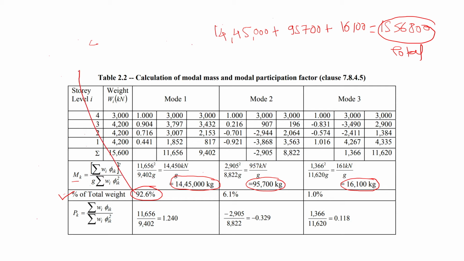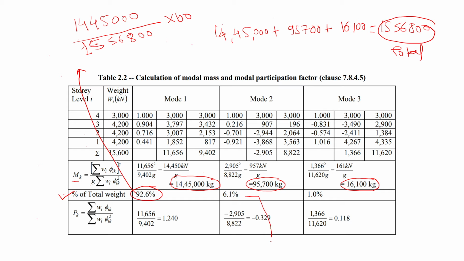So how has this been calculated? 144500 divided by 1556,800 multiplied by 100. We have just taken the percentage. So it comes out to be 92.6%.